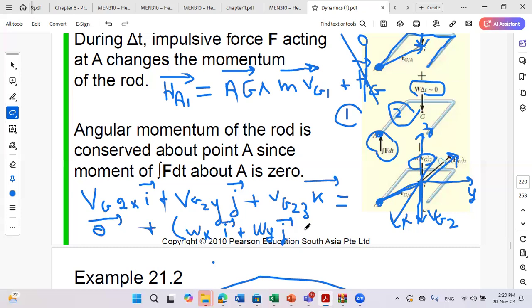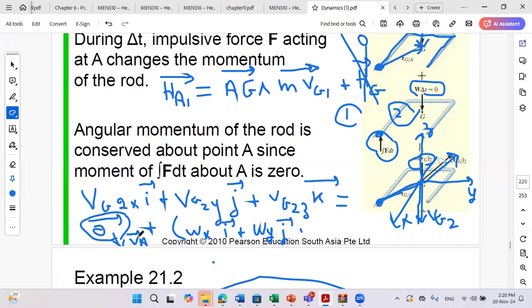Okay. Plus... Doctor, why did you set the x equal to zero only? Because it's not that x equals zero, this is V of A. You are relating the velocity of G to the velocity of A. Okay, I thought you were replacing the values of VG2X.